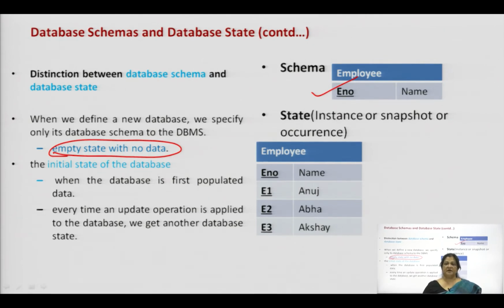When the first data is entered into the database, we start calling it a state or the instance or the occurrence of the data. So, the moment we enter the first data, it becomes the state, and then every time a new data is entered, the state is said to be changed, or we say that the database has entered another state.